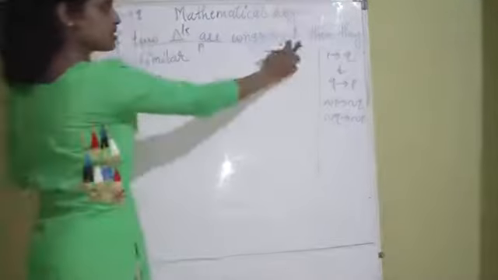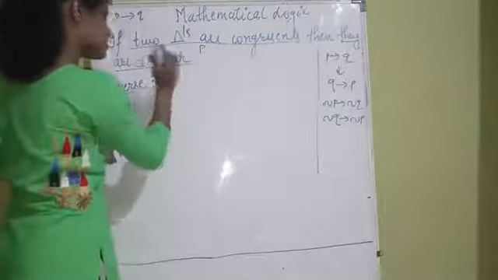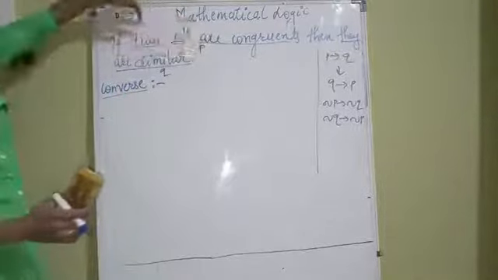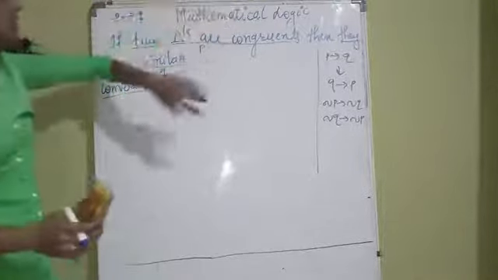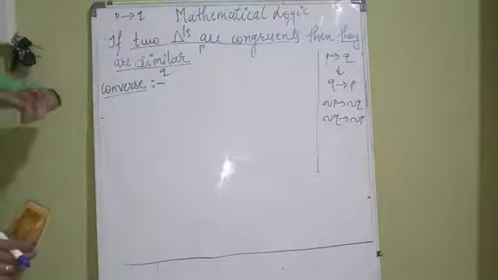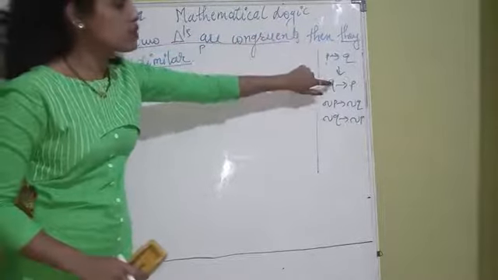If P means we have two triangles are congruent. Q means they are similar. If P, then Q, so this is the conditional statement. So the converse of this statement is Q implies P.